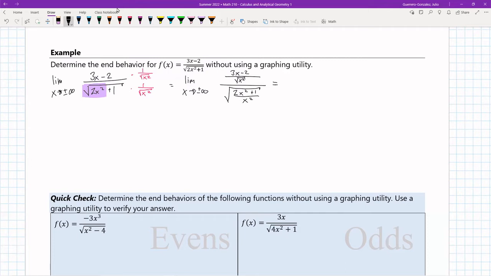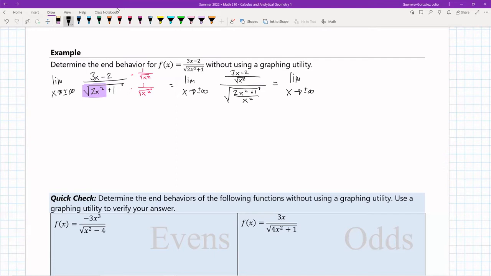I'm going to reduce some stuff now. The square root of x squared, that's going to be just x. So the top is going to reduce to the limit, let me write the limit as x approaches plus or minus infinity.